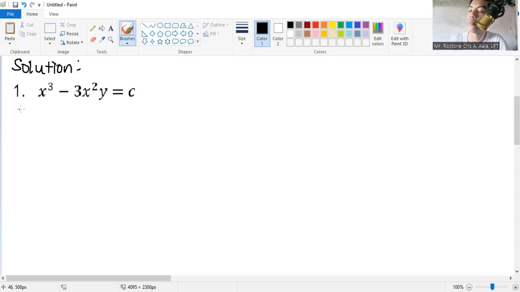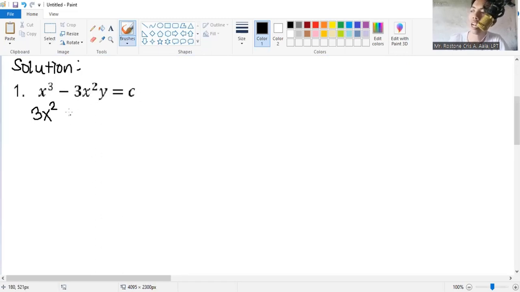Okay. So in number 1, we have x cubed minus 3x squared y is equal to c. So, ano ang derivative ng x cubed? That is 3x squared. So dito naman sa pangalawa ay meron tayong dalawang uri ng variable. We have the independent and we have the dependent variable in a given term.